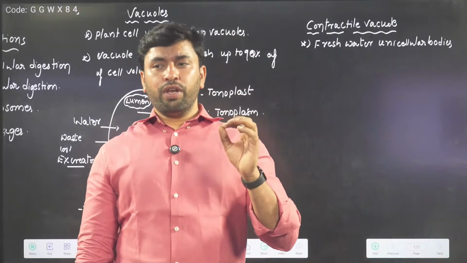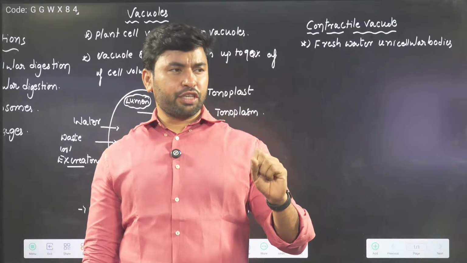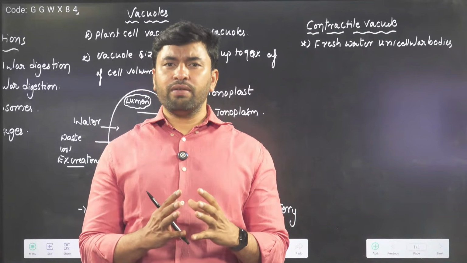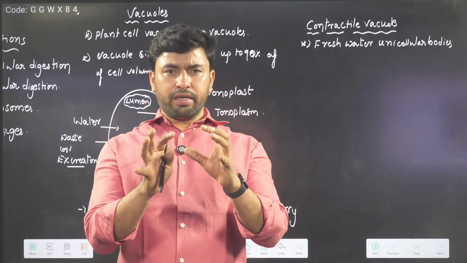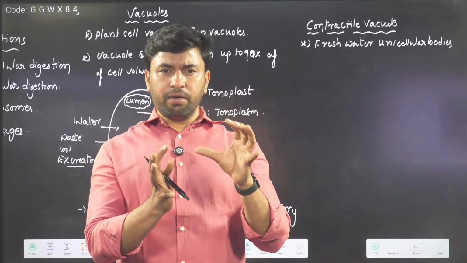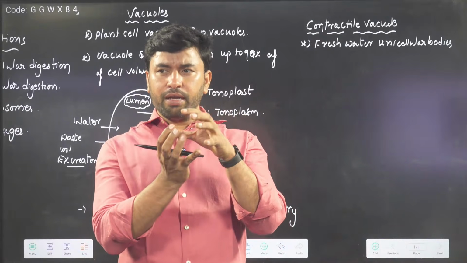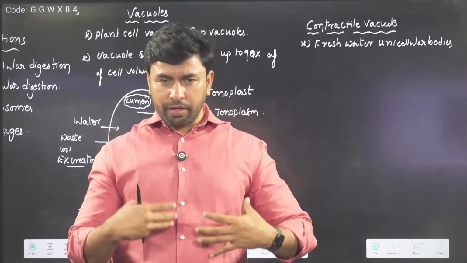Whenever you talk about amoeba or any other freshwater protista member, they perform one action called phagocytosis, which means any food particle present around them, they expand the cell in the form of pseudopodia and capture that food particle with the help of phagocytic granule. They enter the body.